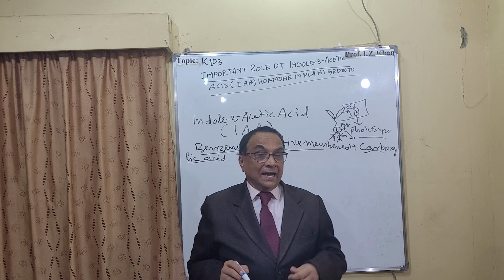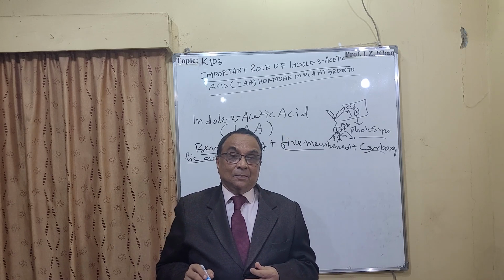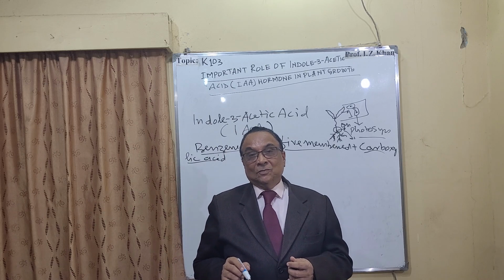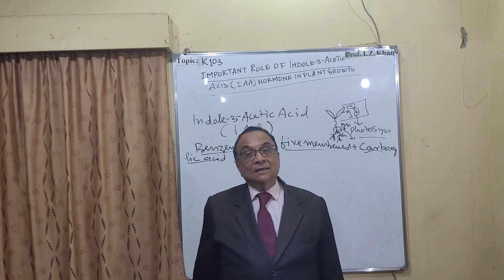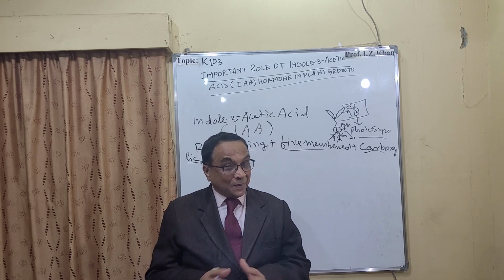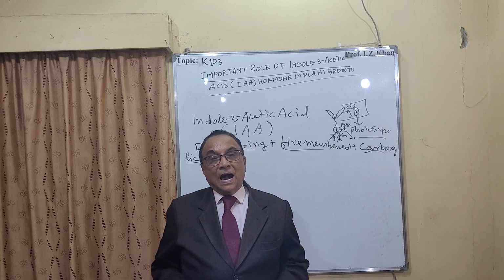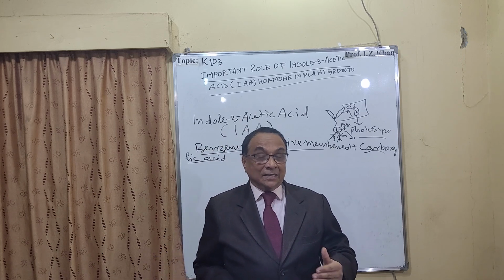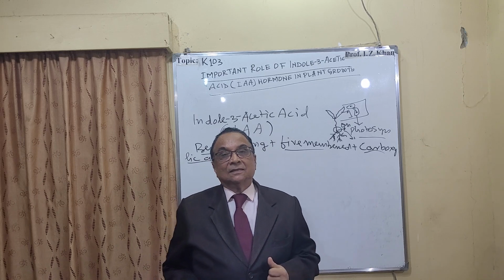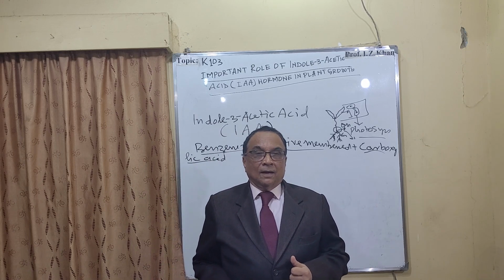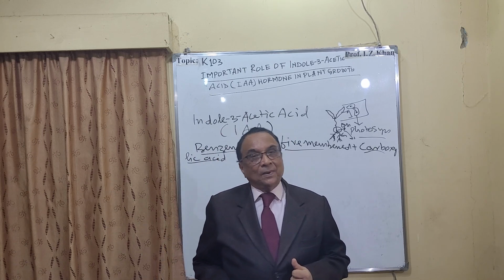called IAA, and it is a very, very powerful and important plant hormone, which is taking care of the growth of the plant, flowering, and multiplication of the roots. Also the division of the plant cells will be increased, and also the enlargement of the plant cells.